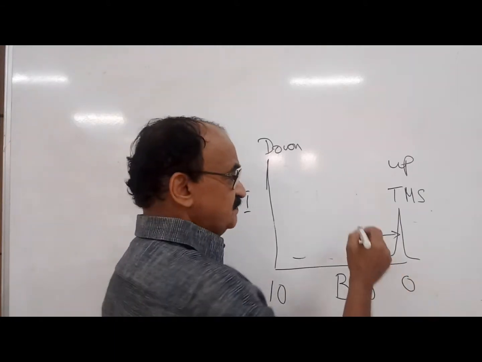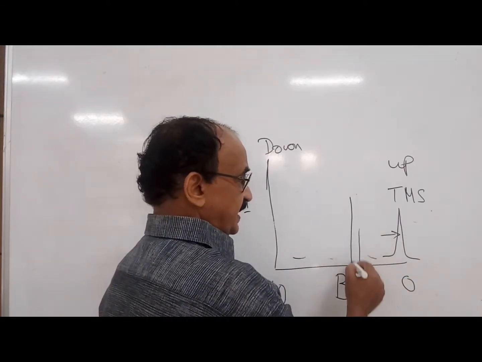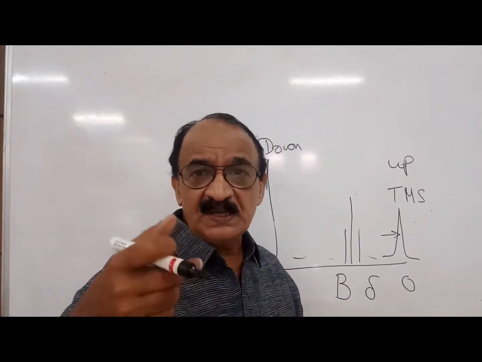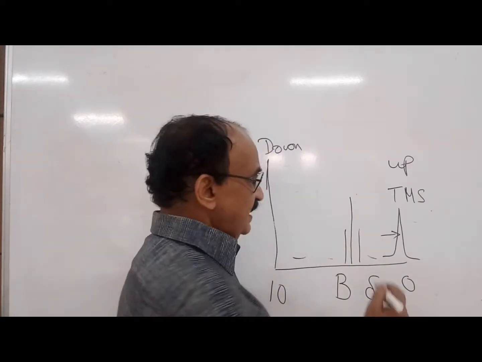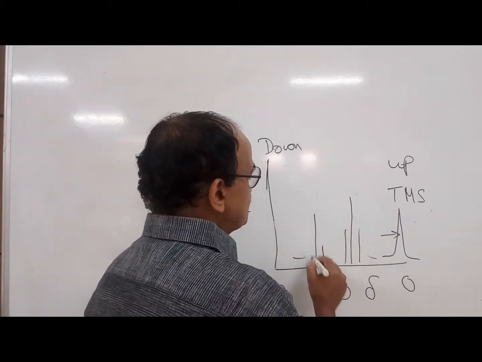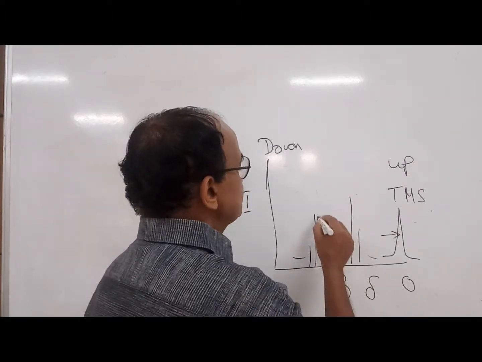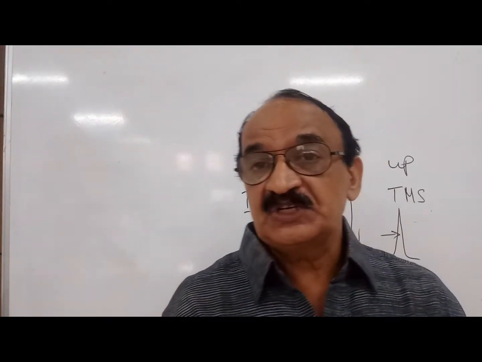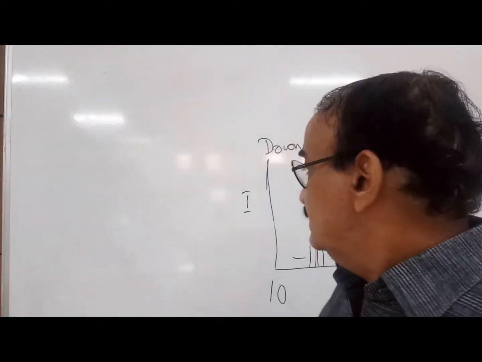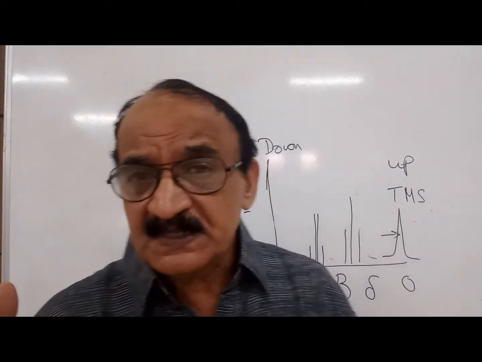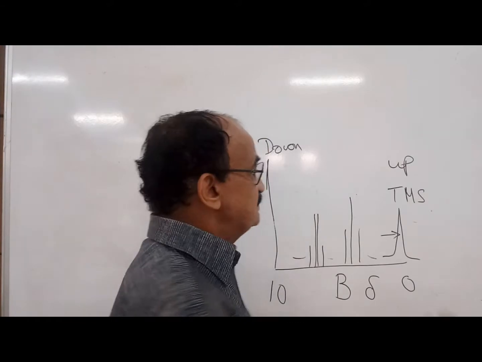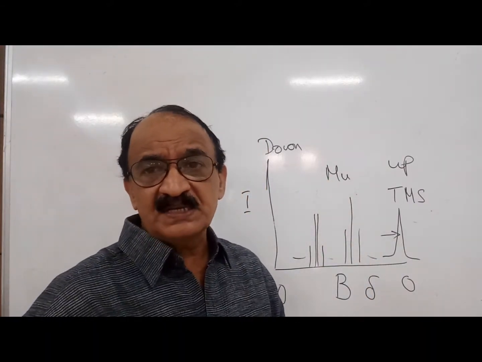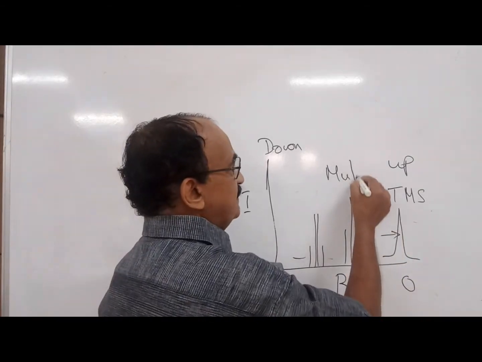Each signal will be split into a set of small signals, and this type of splitting is known as SS interaction or SS coupling. This type of set of sub-signal formation is known as multiplet formation. So such a set of signal containing smaller signals is known as a multiplet.